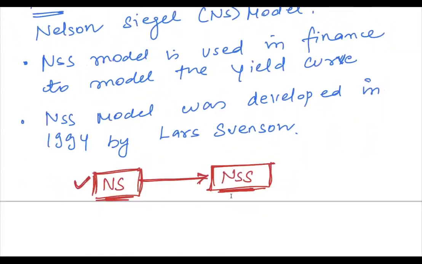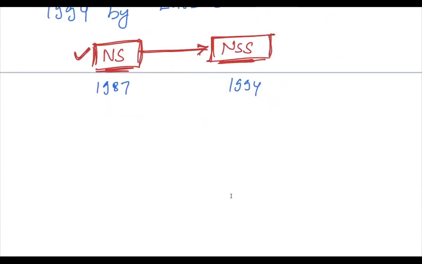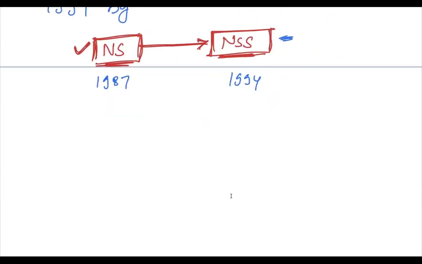Okay. So what happened was, in 1987, the Nelson Siegel model was developed, and in 1994, Nelson Siegel Svensson model was developed. Always remember, whenever a new model is developed, it is developed to improve on the earlier one. So Nelson Siegel might have certain flaws, right?